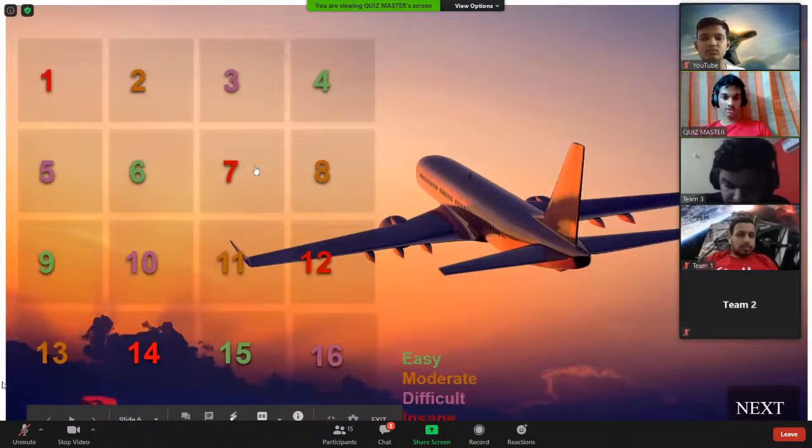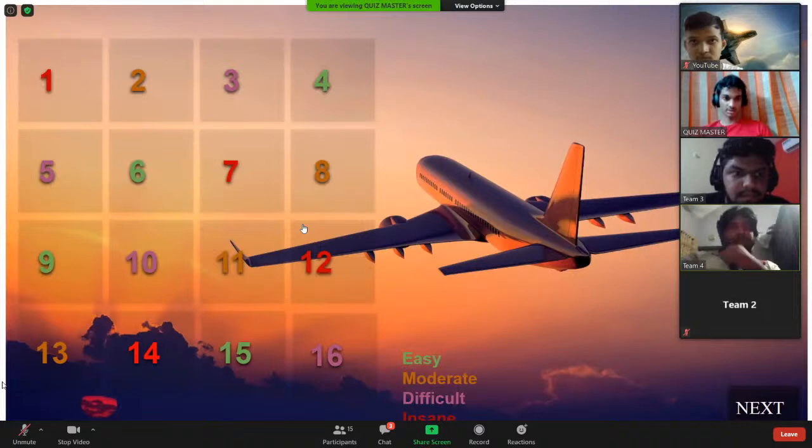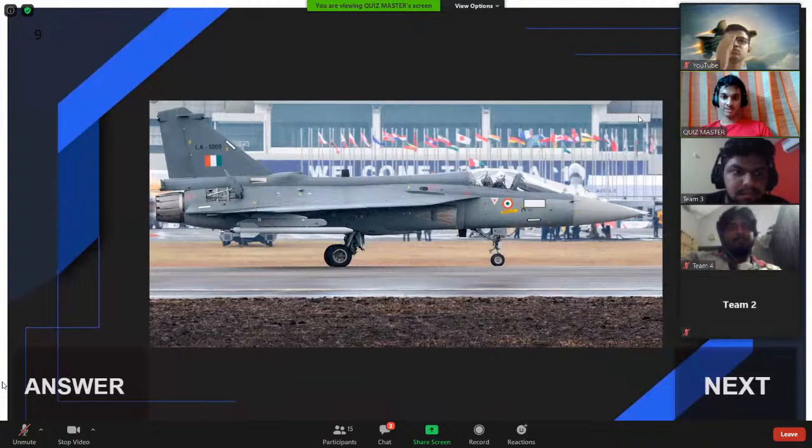Team 4, please choose. I'll go with question 9. Question 9. Okay. Another easy question. One of my favorite planes of all time. Pounce is open, so keep your pounces coming.